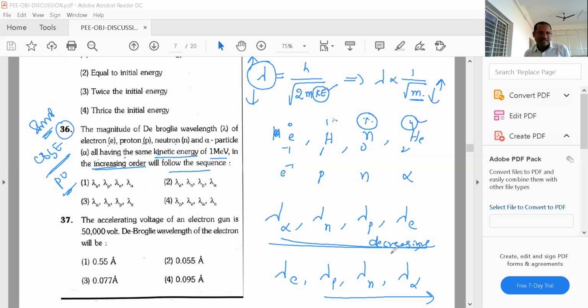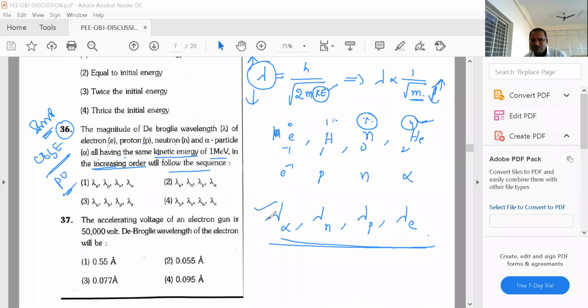Clear? Are you understanding? Question 36. Increasing order, no? So this is the answer. Don't get confused. Smallest in increasing order means the smallest wavelength, which is for more mass, for helium.